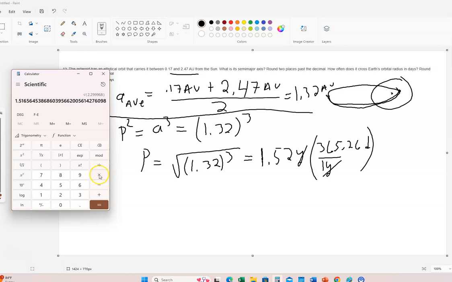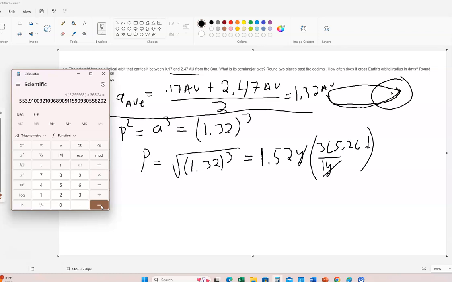I just multiply this number, which is already in my calculator, times 365.24. There it is. The period of this asteroid is 553.91 days.